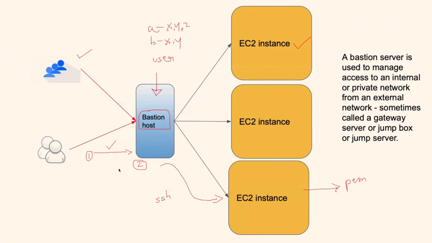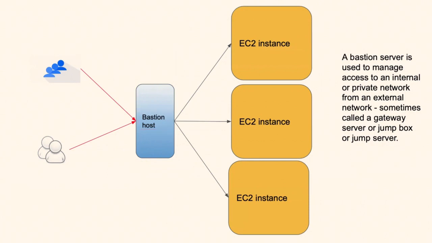What is a critical advantage of having a bastion host setup is that if we want to cut off all external access to our internal servers, all we have to do is destroy this bastion host.